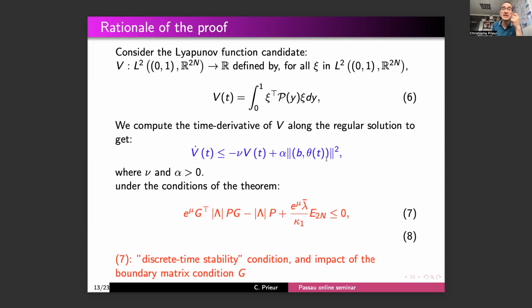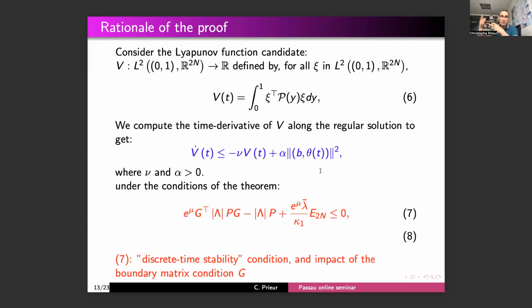Remember that b is a constant vector and theta of t is just the value of theta at time t. So we need a strong regularity on the theta function, and we need to take the infinity norm of the theta function there. We can check that under the condition of this theorem, we have this condition, the blue equation.